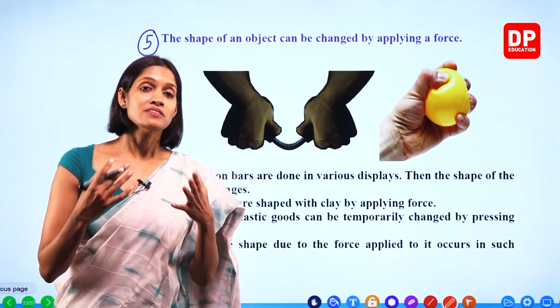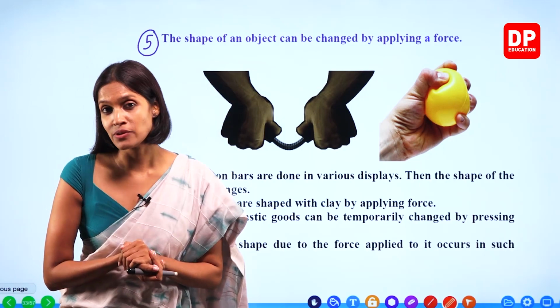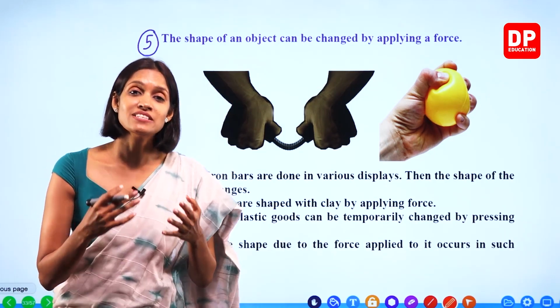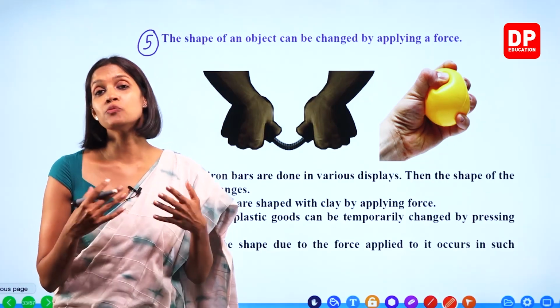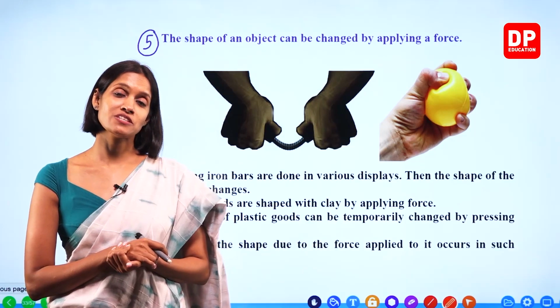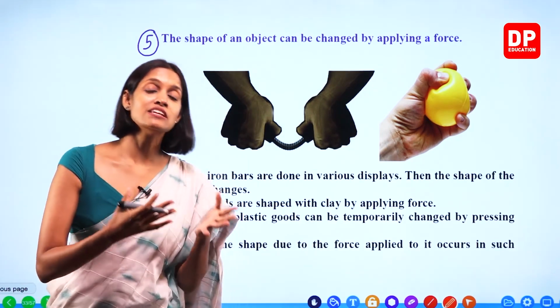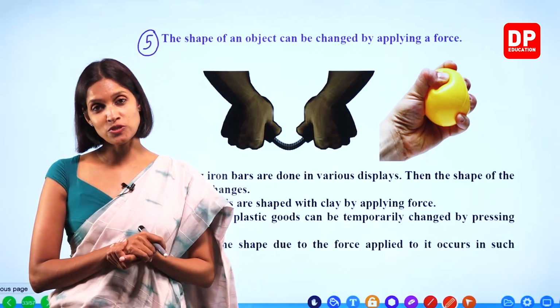So now we know that by applying force, we can do different things, right? We can move an object at rest by applying force, and at the same time, we can stop a moving object too. We can change the speed of a moving object by applying force. And sometimes a rotational effect also takes place because of applying force.